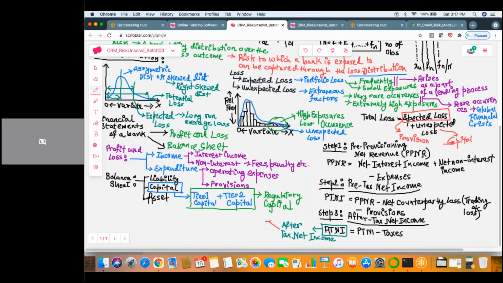One of the important functions is capital distribution to the stakeholders, to shareholders.